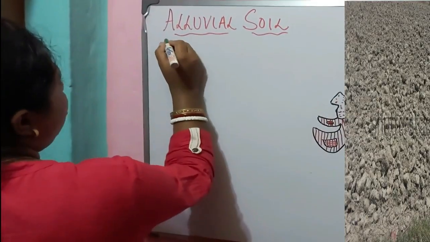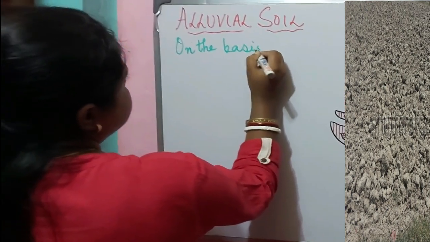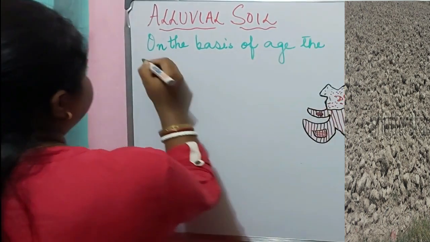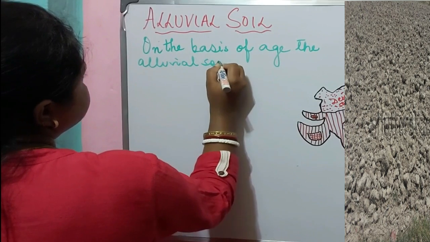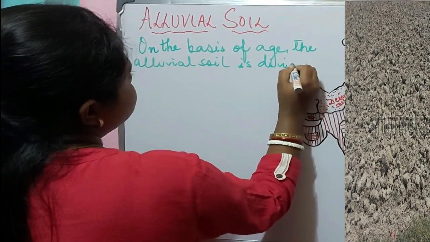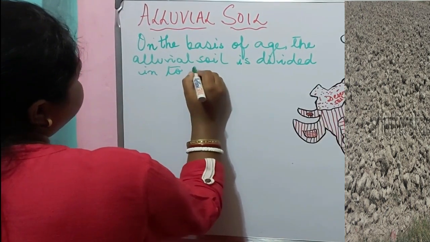On the basis of age, the alluvial soil is divided into two types of soil.